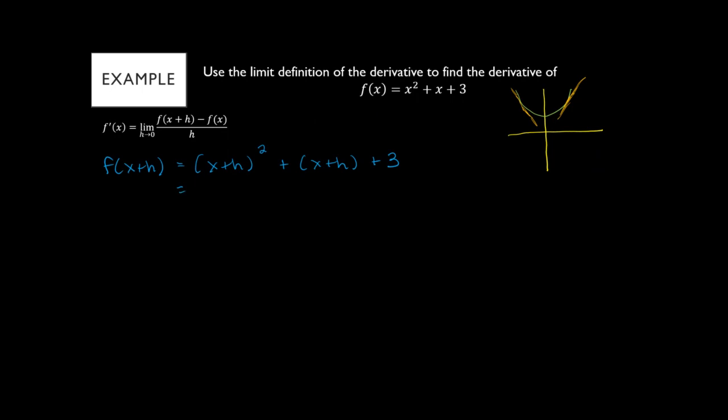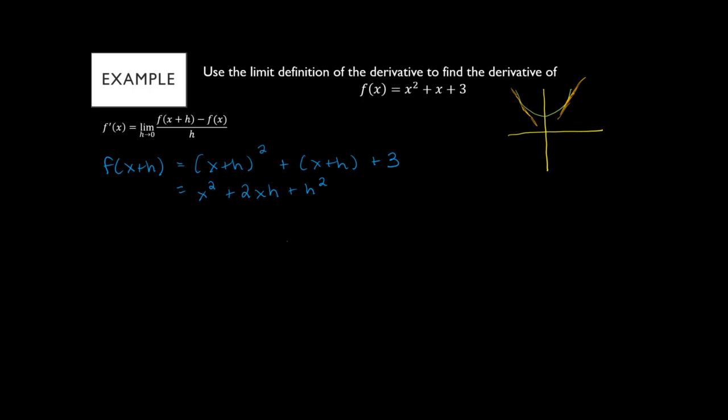So we need to square the x plus h. This is one of our shortcuts that you learn, and you get x squared plus 2xh plus h squared. So you would FOIL that out or use the formula when you have the square of a binomial.